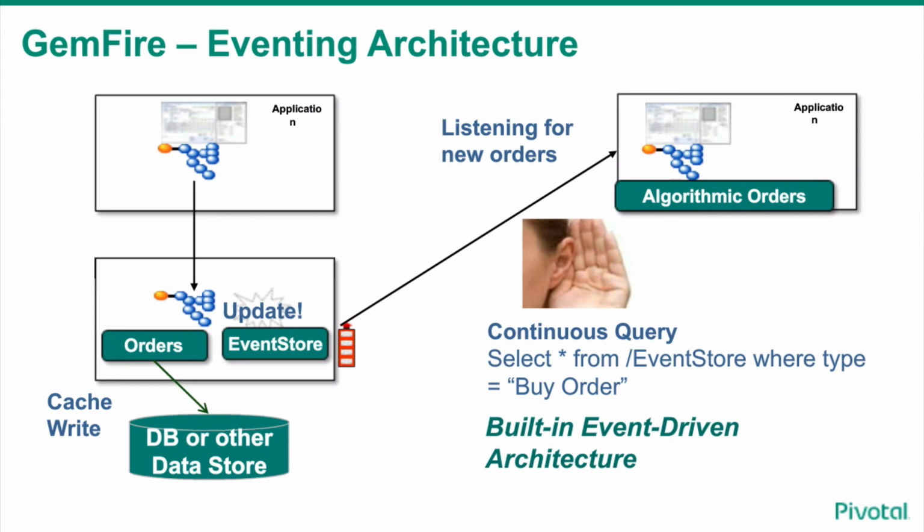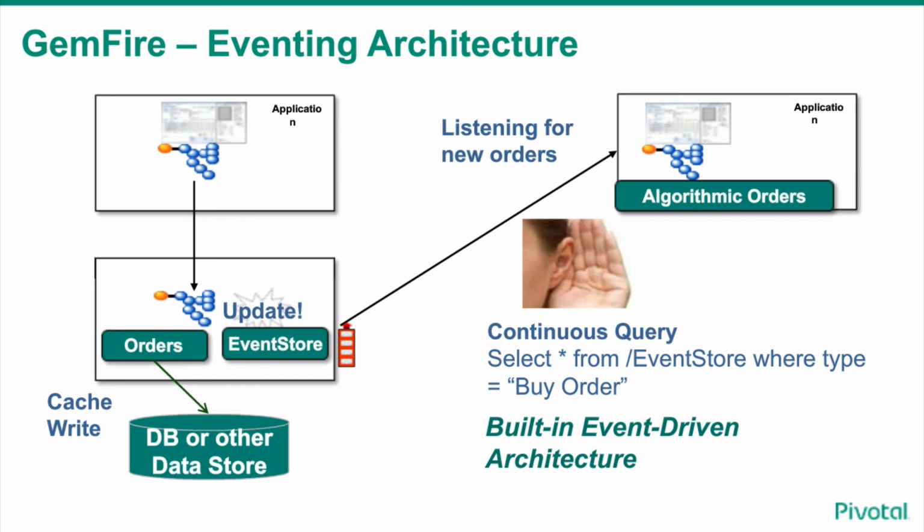To the lower right, in the case of writing to a backend database, I can intercept the write event and write to a database or HDFS or an analytics database such as Greenplum.